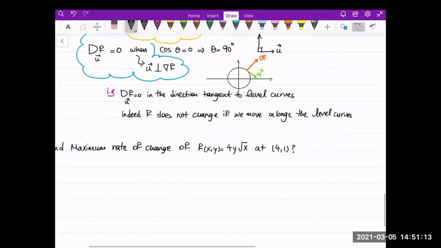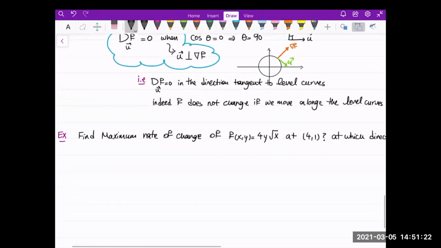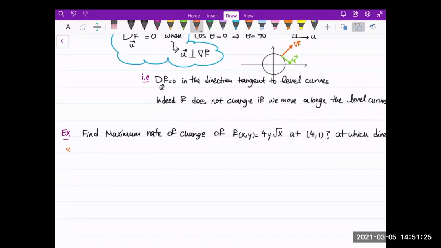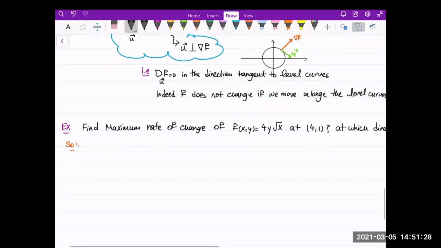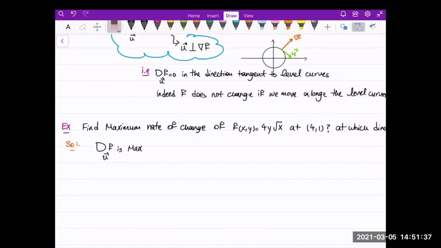And in which direction does it happen? So we say what? The f_u is max when, we want to find maximum rate of change. So the directional derivative is maximum when u is equal to the gradient of f.